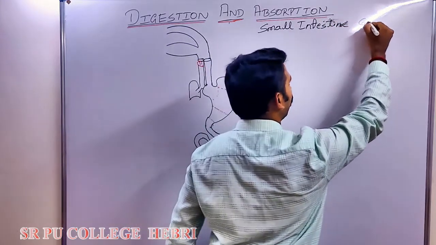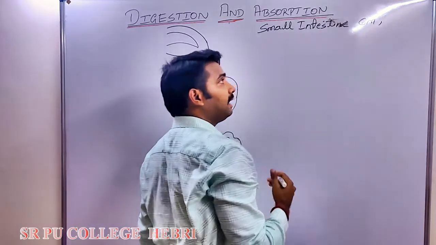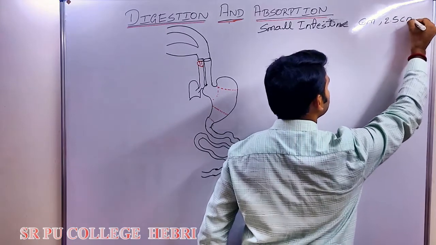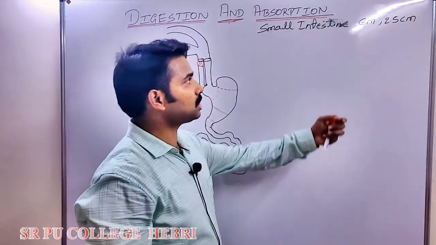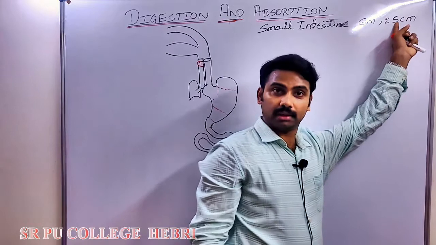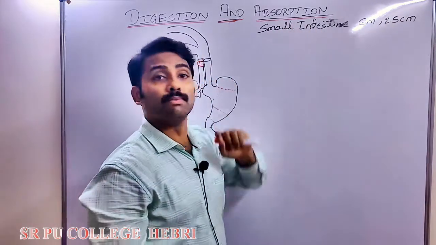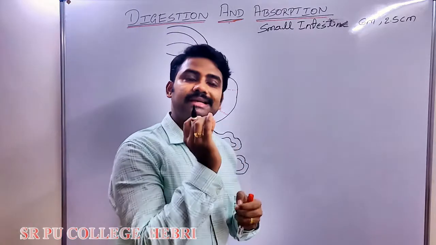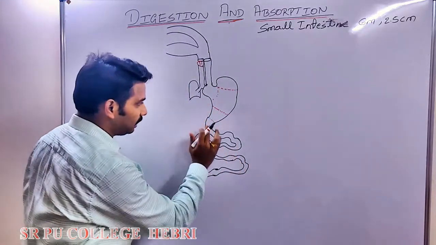Small intestine has a length of 6 meter and a diameter of around 2.5 centimeter. Because of the smaller diameter, it is called small intestine. But the length is 6 meter, diameter is just 2.5 centimeter.